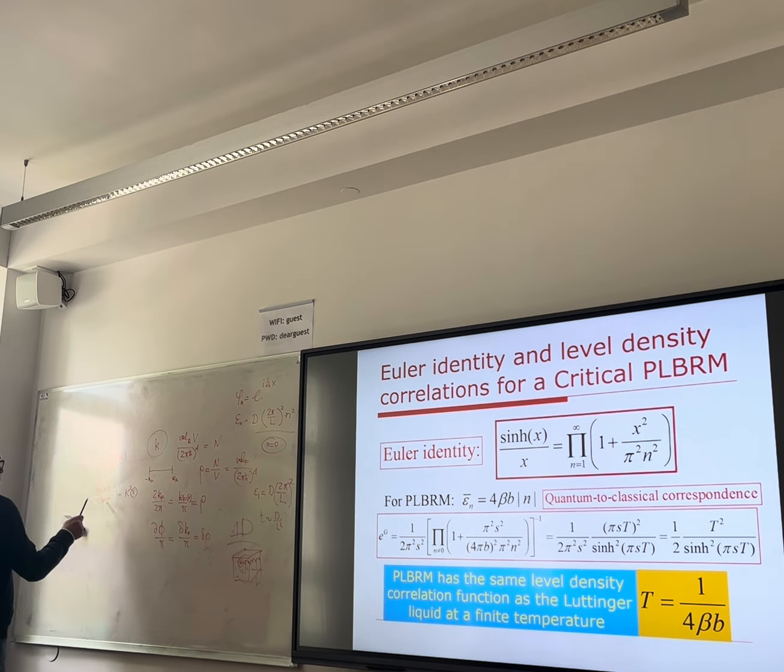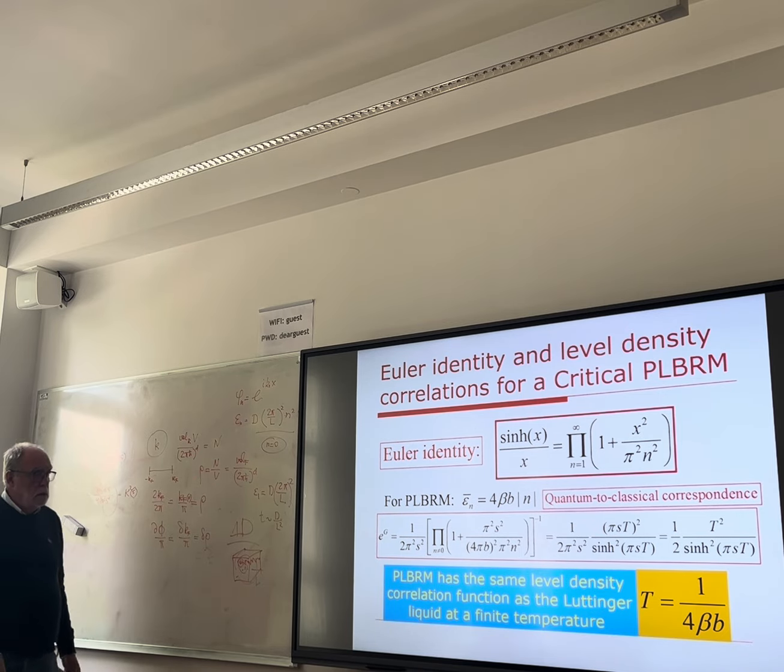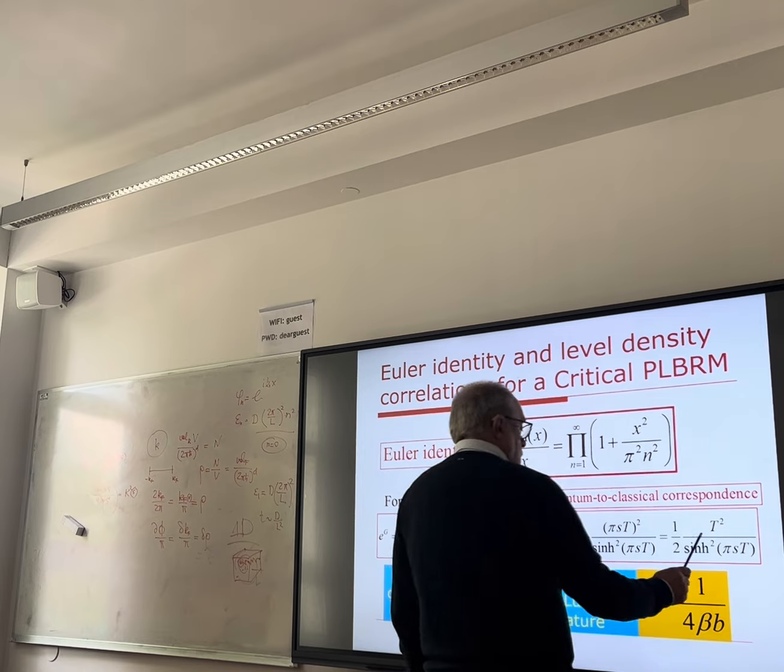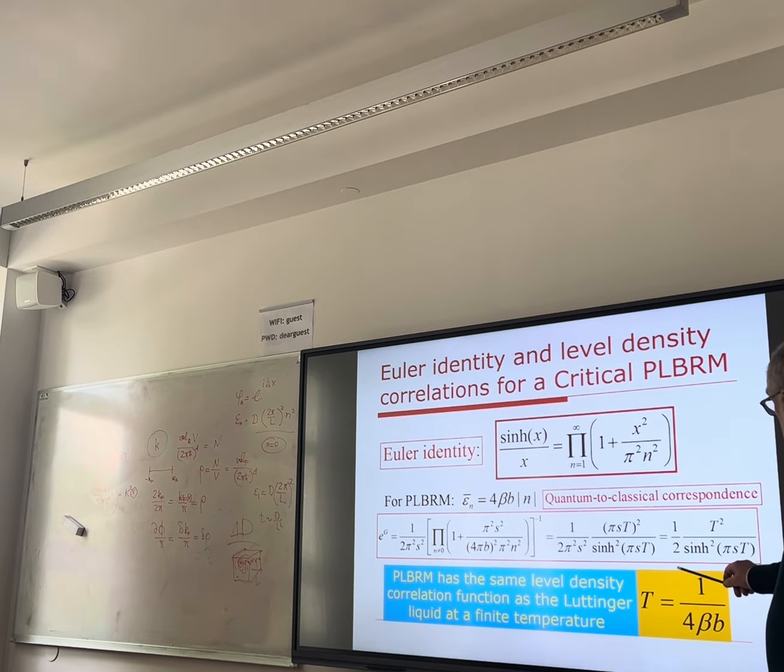The only difference will be that instead of s squared, I will have this square of the hyperbolic sine, and some parameter t, which is expressed in terms of the variance.